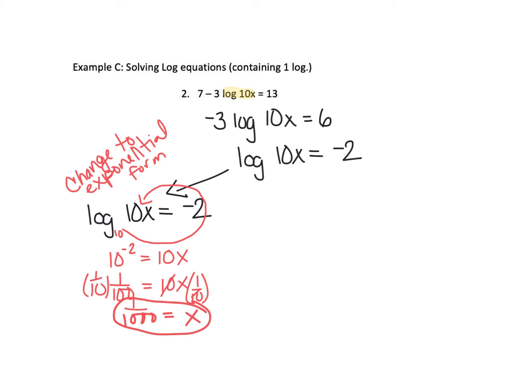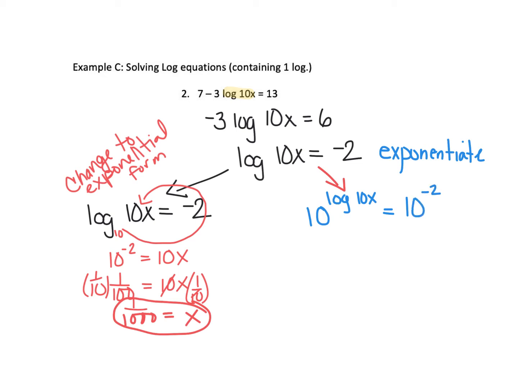Now, let me just show you same logic here, but doing this process where we exponentiate. So I would use the same base that's in the problem. So it's common log, so I would do 10 to the log of 10x is equal to 10 to the -2nd. And why do I do that?